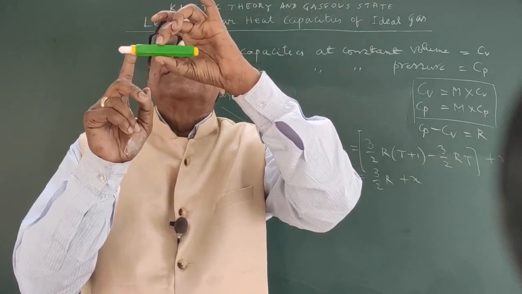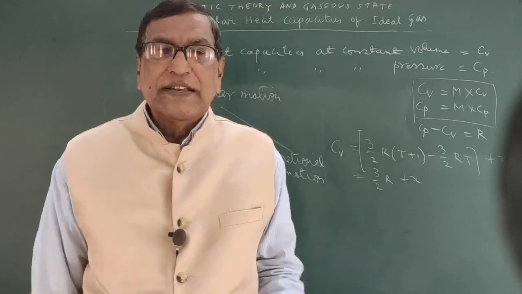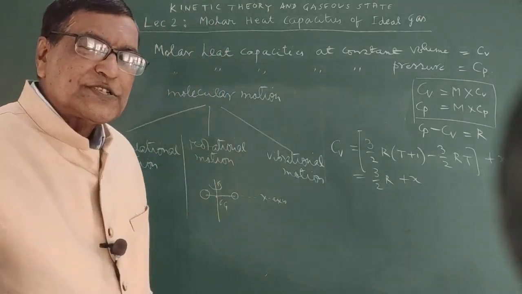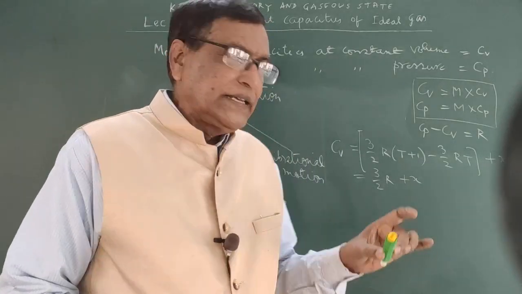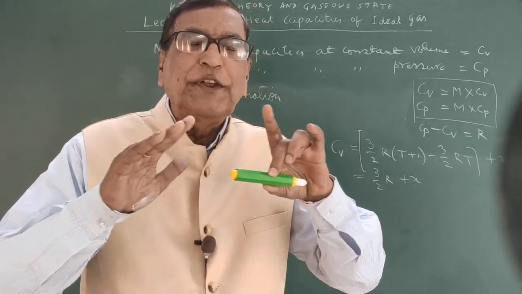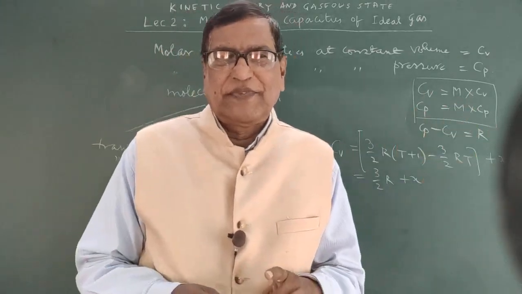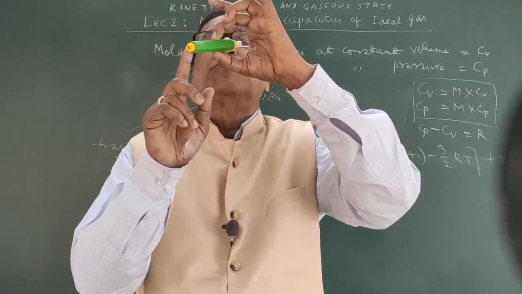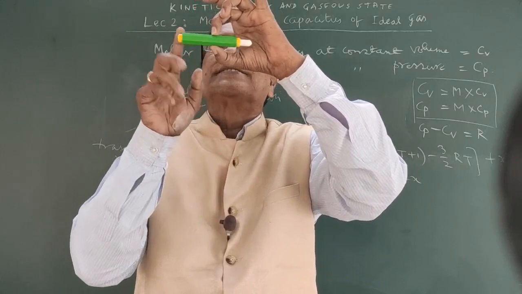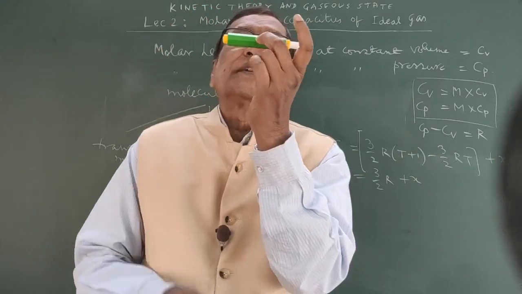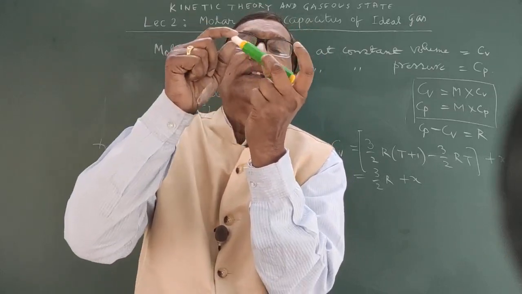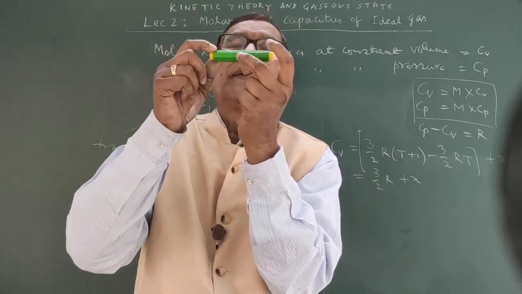Similarly, for diatomic molecules, it can rotate along two independent axes. This is the rotation along the z axis, and if we consider the y axis, then it can also rotate along the y axis independently.